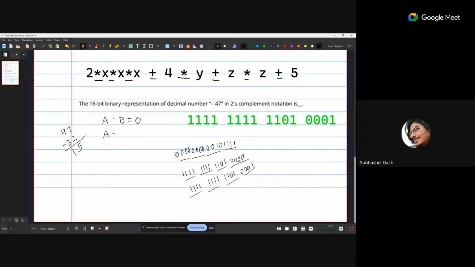Then b is equal to minus a. So far, you guys understood, right? So if we are adding two numbers and the resultant is 0, then we can say that the second number is the negative of the first number. Is that correct?